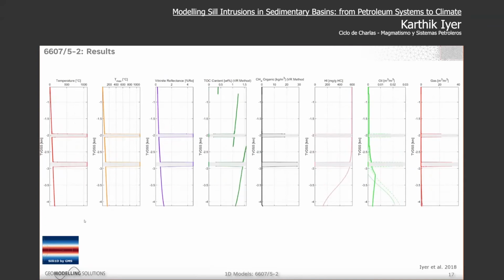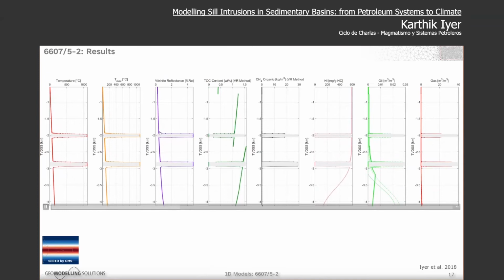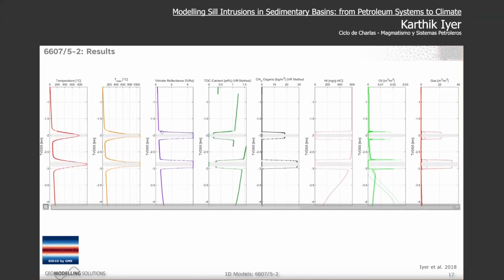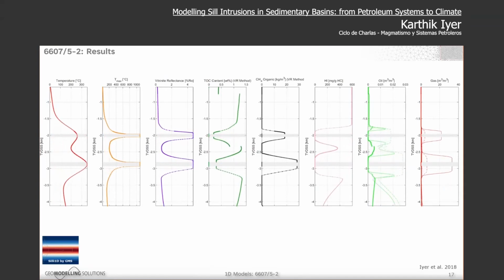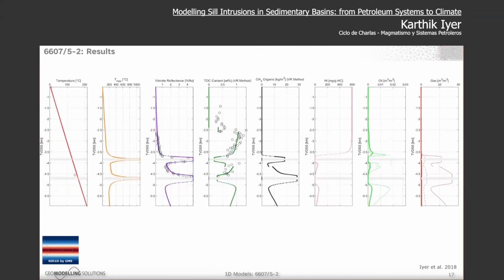basin scale timescales. But it is very important to resolve that, otherwise we will not really match any of the vitrinite data we have. And the vitrinite data we have here is pretty good. It's not only 5 scattered points, which in our opinion at least does not give you a full picture. If you really want to resolve what's going on in the background and by the sills, you really need to take care where you measure vitrinite.